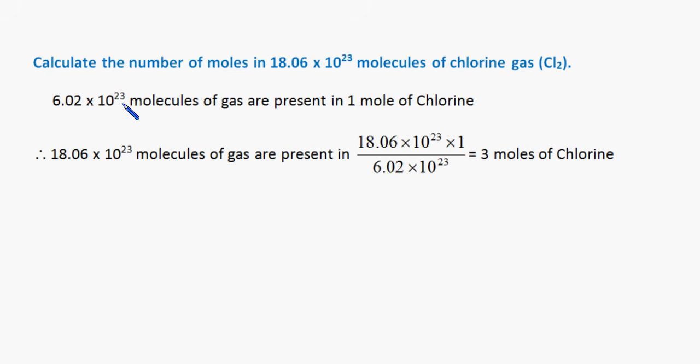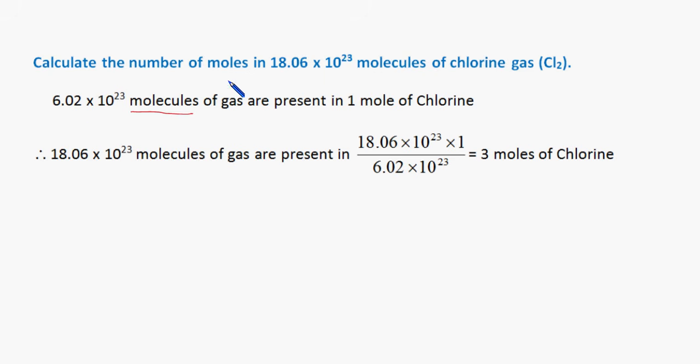In this case, the particles here refers to molecules. So we write the statement: 6.02 × 10^23 molecules of gas are present in 1 mole of chlorine gas. We're not dealing with the mass number in this example because we are looking at the number of molecules, and we know that 1 mole of a substance contains 6.02 × 10^23 particles.